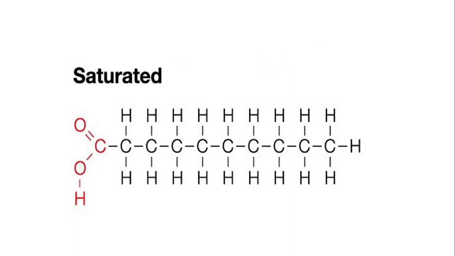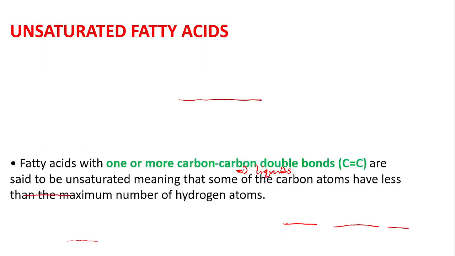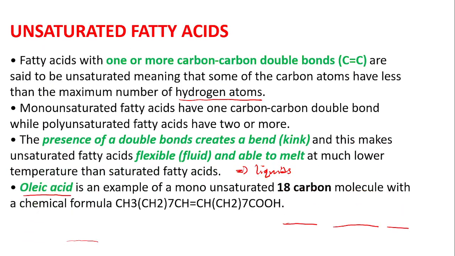And then if you have 2 double bonds, remove 4 hydrogens. Then if you have 3, remove 6 hydrogens. So that's how it goes.